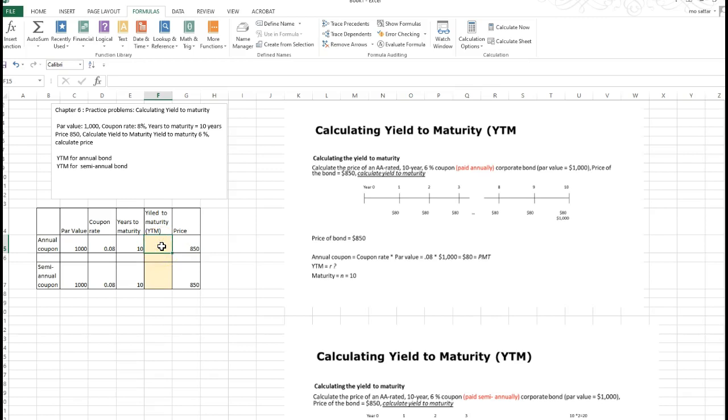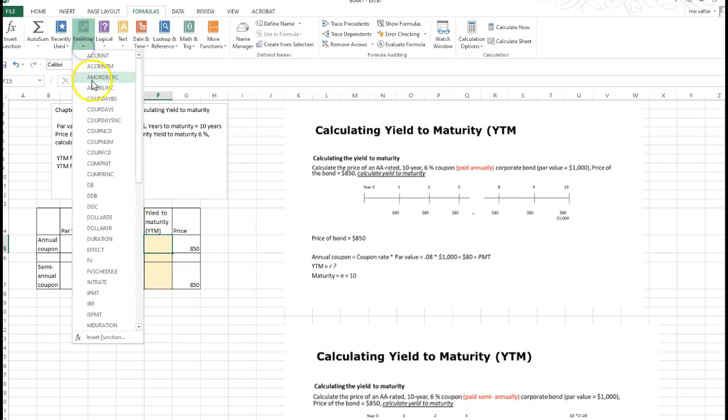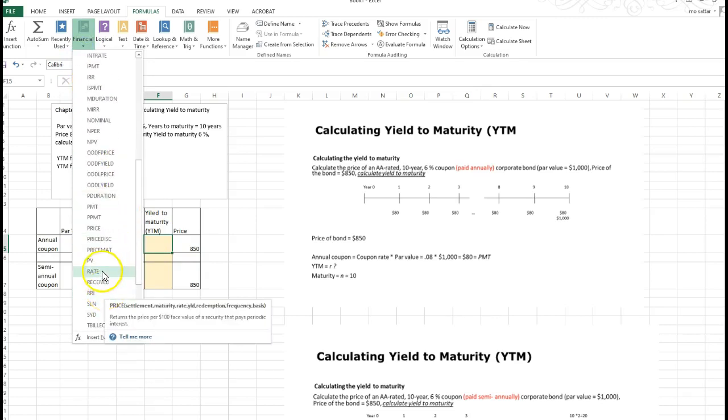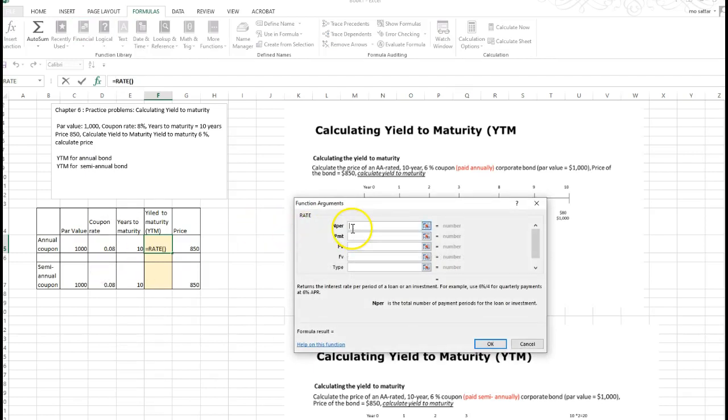So we're going to calculate the rate, which is yield to maturity. We're going to go to financials and find rate, R-A-T-E. A box opens up. Number of periods is 10 with this cell. PMT is going to be coupon rate, which is this, multiplied by asterisk, par value, which is that.